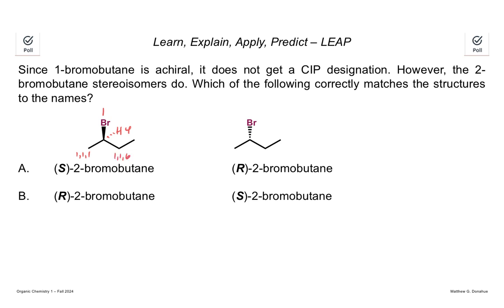So that carbon, since it has a higher priority element bonded to it, is going to get priority 2. That will be 3. So overall, we're going clockwise here, so that will be R.